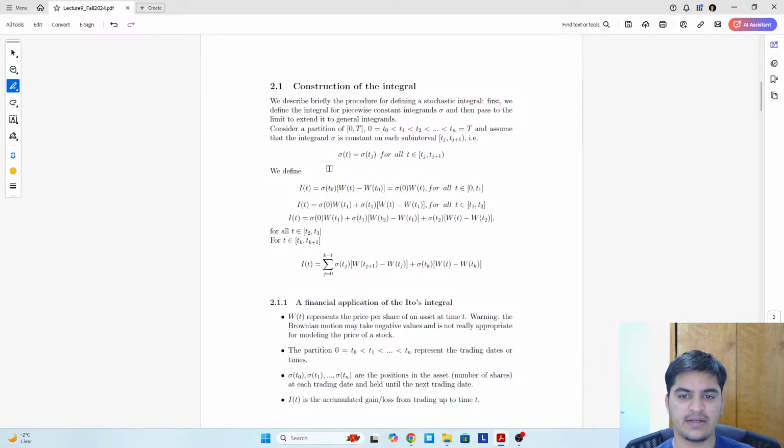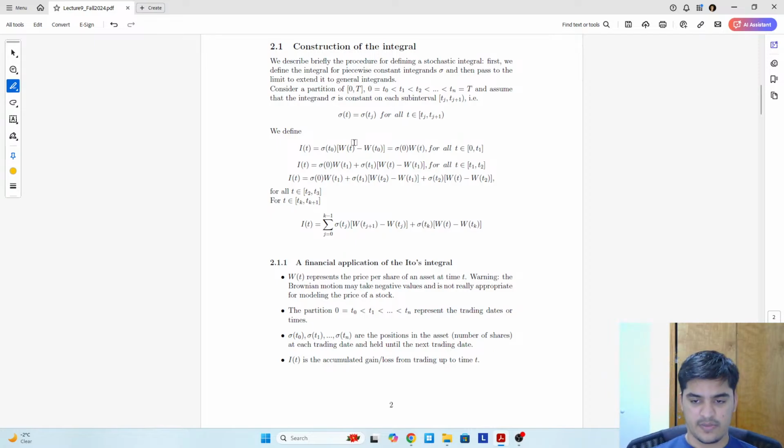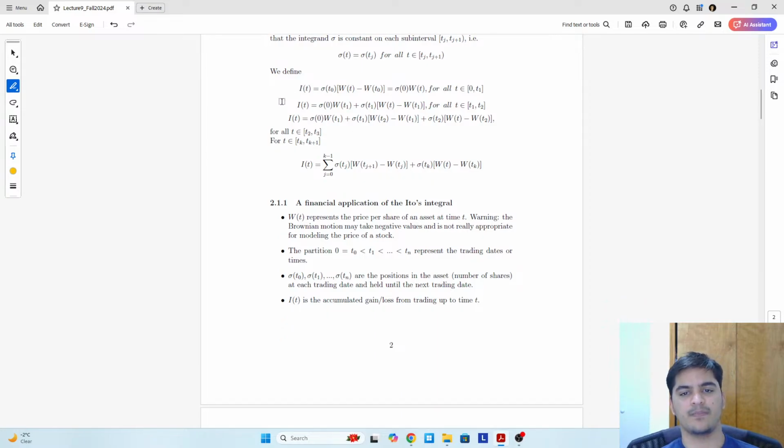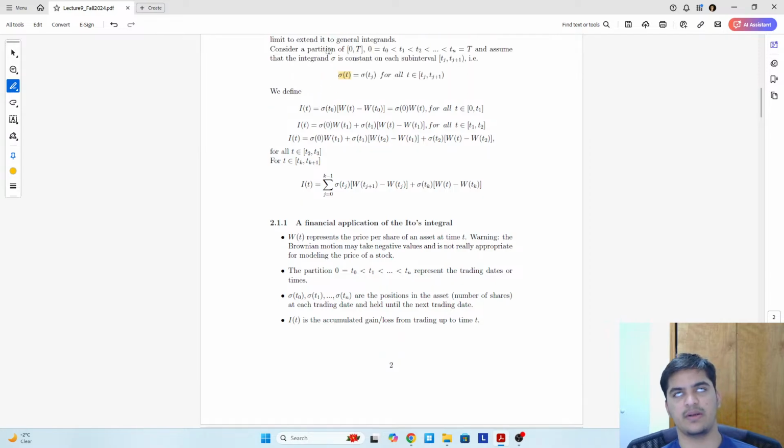We assume that the integrand sigma is constant for each subinterval tj to tj plus 1: sigma t is equal to sigma tj for all t belonging to tj to tj plus 1. So basically it says that sigma is a function of t, but between two partition points it is constant.